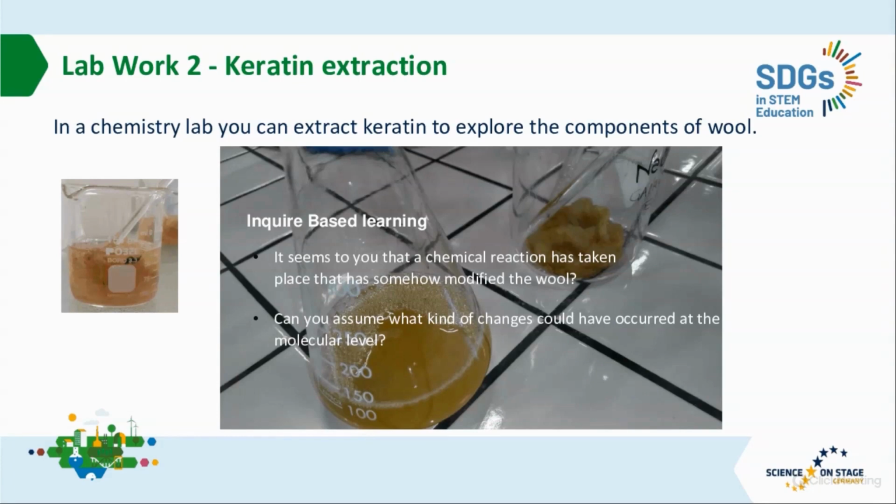And you can use this activity also in the lower class or in the higher class, because you can introduce this work as, I don't know, the extraction, or only related to the biochemistry of the wool. So you can choose a relation with your curricula.